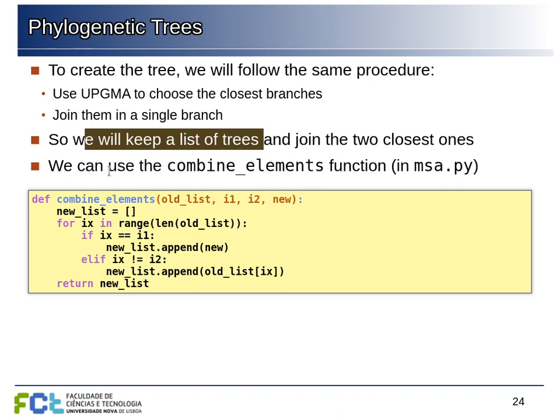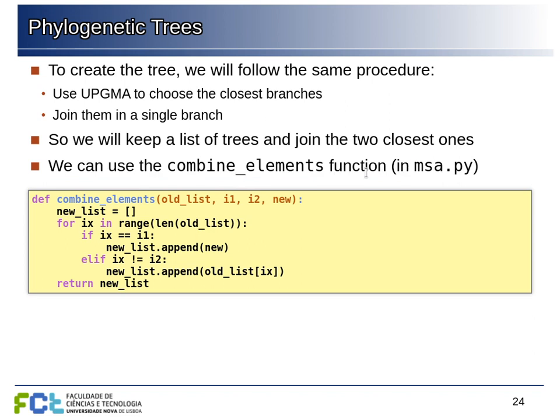To do that, we're going to use the same function that we created last week, and I'm going to assume it's in this file. If you have a different name, just import whatever module you created for the code for last week, but it's this function, combine element.